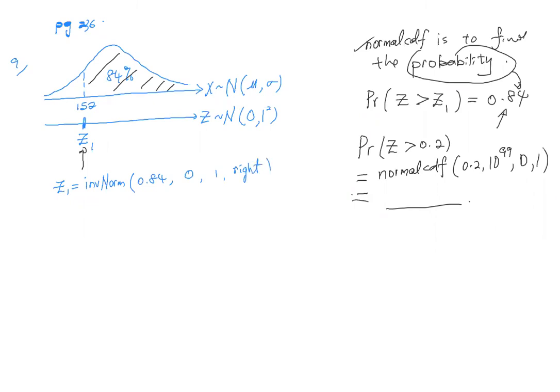If the other version, 1 minus 0.84, comma 0, comma 1. Okay, what is the answer? Chian, since you are doing it, can you give me the answer? I got negative 0.99. Okay, negative 0.994. We just write down negative 0.994.